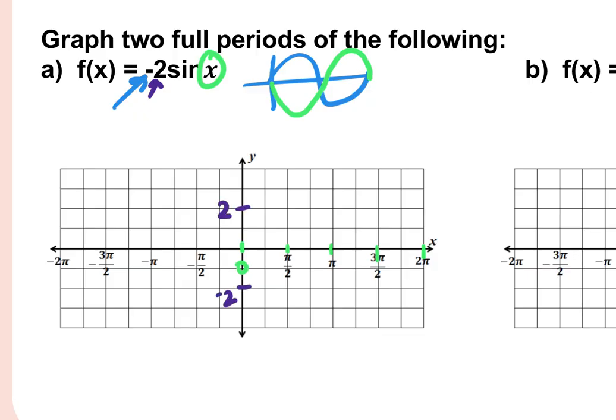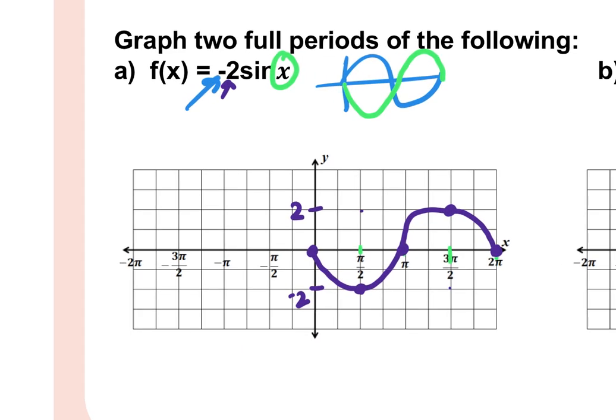And instead of starting at 0, going up to 2 and down again like this, I am starting at 0 and I am going down to -2, up to pi, up to 0, up to 2, and back down to 0. And the max and the min are 2 and -2. Because of the A, which is the number on the front. Yep. So the negative flipped it upside down. The 2 stretches it vertically, so it changes your amplitude.